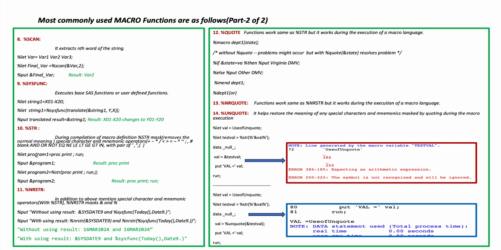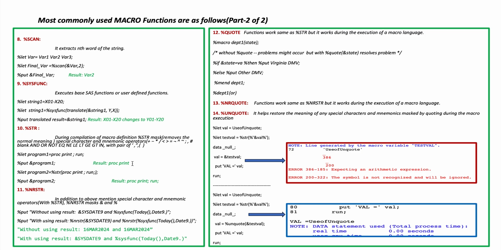When we recall this macro variable, %put &program1, it will print simply proc print, because the semicolon indicates here it will stop the program. As a result, we obtain proc print.